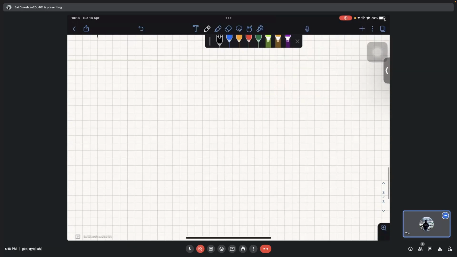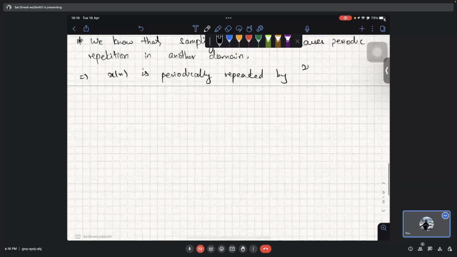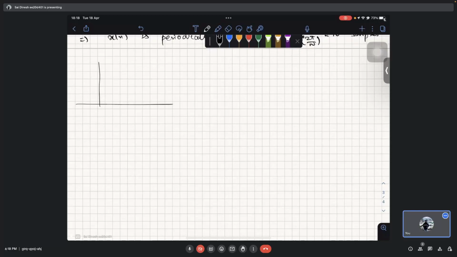So this sampling, x of n is periodically repeated, meaning the N samples, 0 to N minus 1, are periodically repeated.